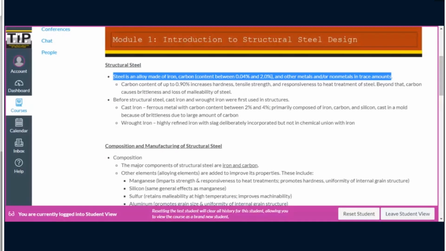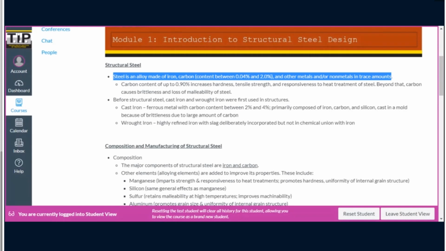And then you introduce other metals, so we will list them later on, okay? In trace amounts, meaning in very, very small amounts, okay? So the carbon content of steel usually goes between 0.04% by weight up to 2% by weight.